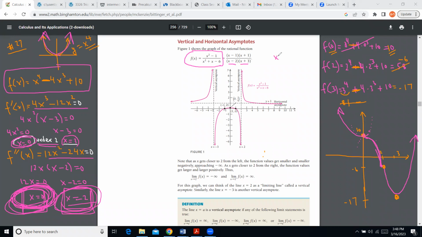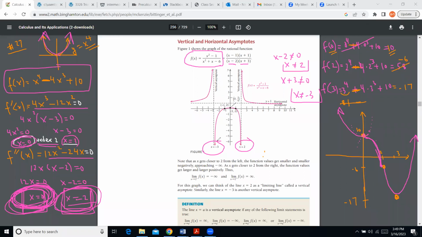Notice that neither one of them can be equal to 0 because I don't divide by 0, right? So I can say x plus 3 is not equal to 0 and x minus 2 is not equal to 0, right? So x cannot be equal to 2 and neither x could be minus 3. So x is 2 and x is minus 3 are exactly invisible walls.